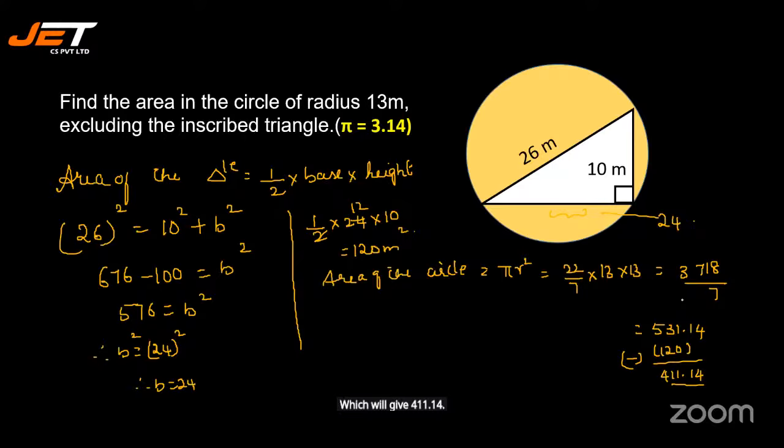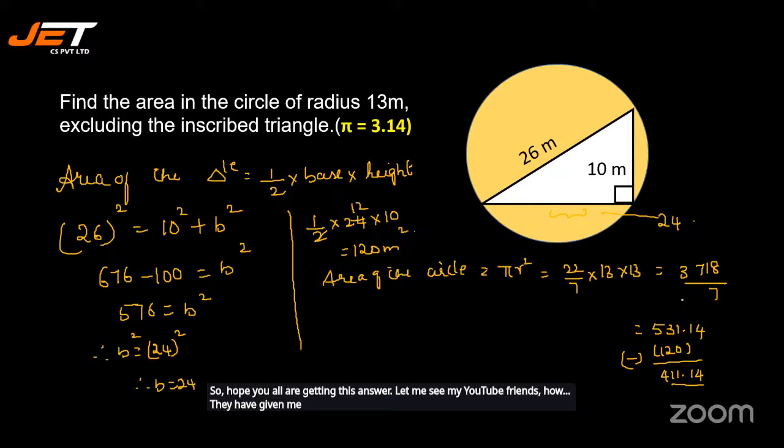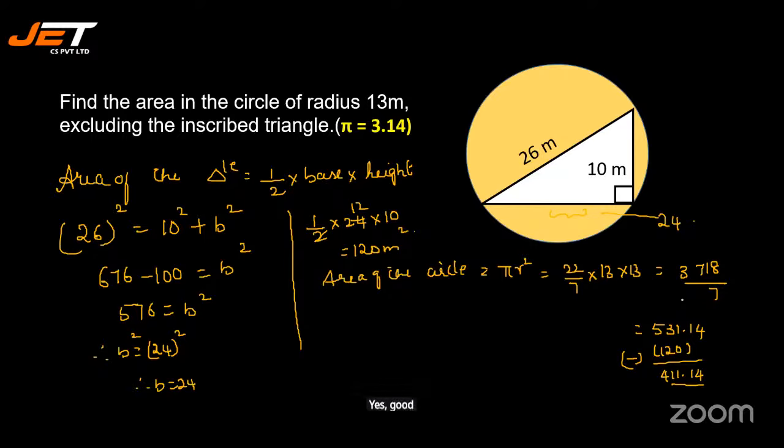All right, students. So hope you all are getting this answer. Let me see my YouTube friends, how they have given me the answers. Yes, good. Almost you all have near 410, 411. Sidhu has given me the correct answer, 411.14. Samaneti Rishita, Ajay Kumar, correct.